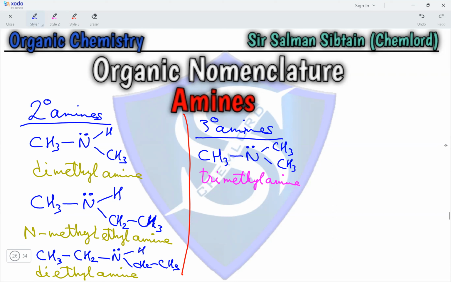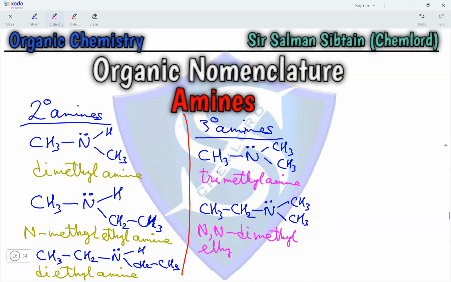We can have a tertiary amine with one CH3CH2 group and two CH3 groups on it. In this way, the longest chain would be the parent compound, which would make it ethylamine. And since there are two methyl groups substituted on the nitrogen atom, this would be named N,N-dimethylethylamine.